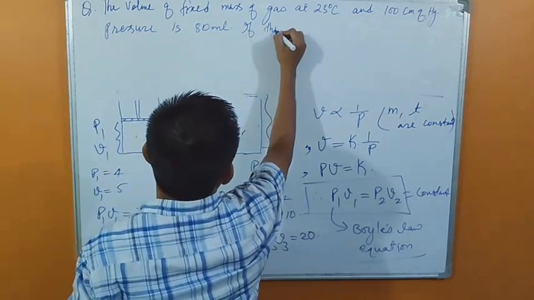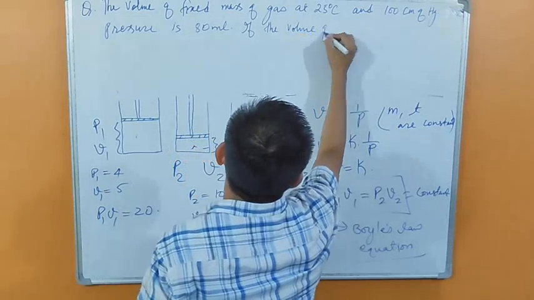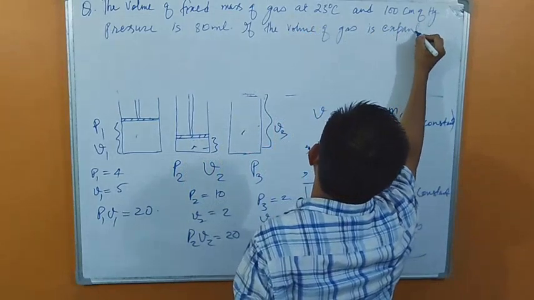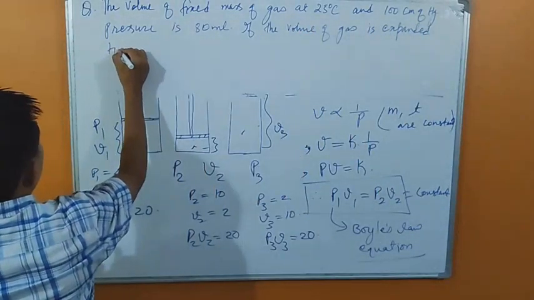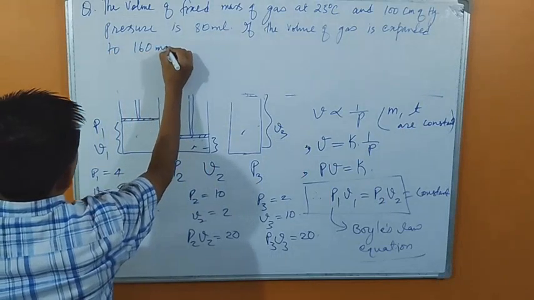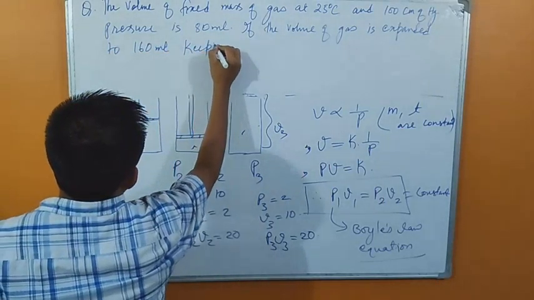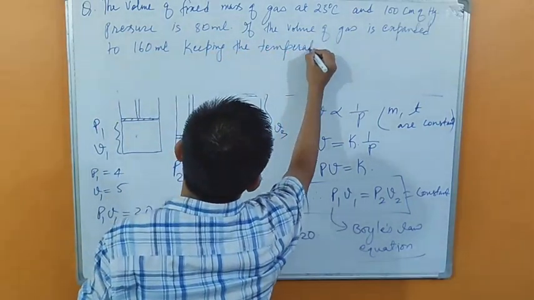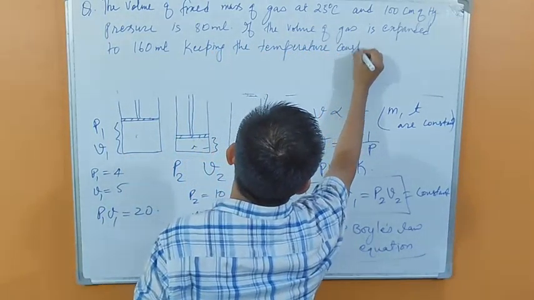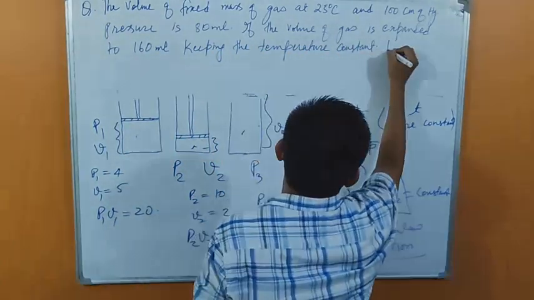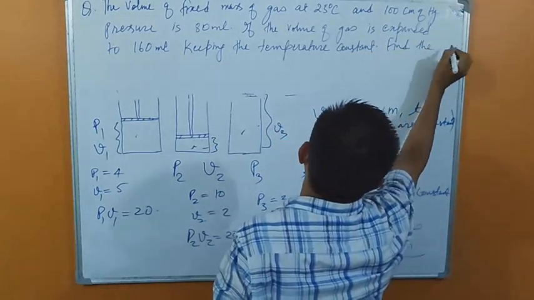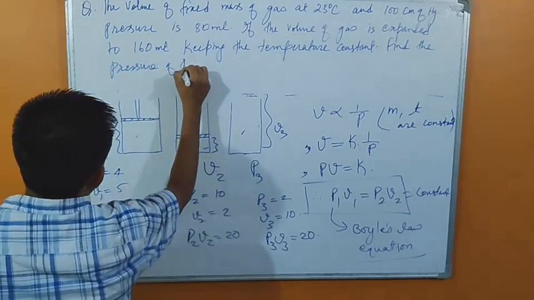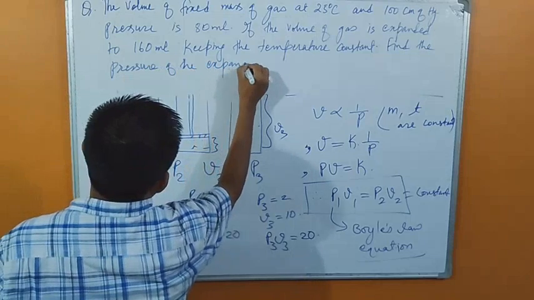If the volume of the gas is expanded to 160 ml, keeping the temperature constant, find the pressure of the expanded gas.